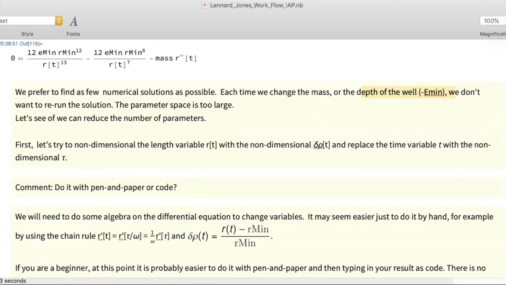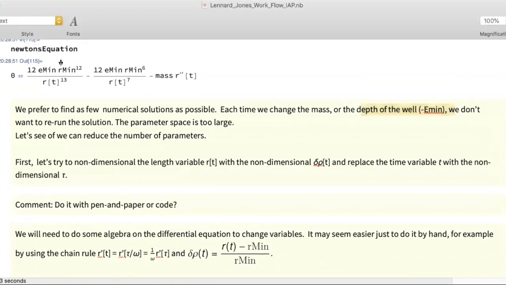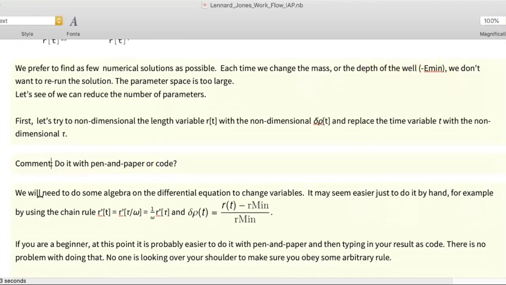So we want to turn this into a non-dimensional equation, right? We could do it with pen and paper, the way that we all learned how to do it, or you could do it with code, or you could do it with a combination of both of them, and that's fine too. Okay.